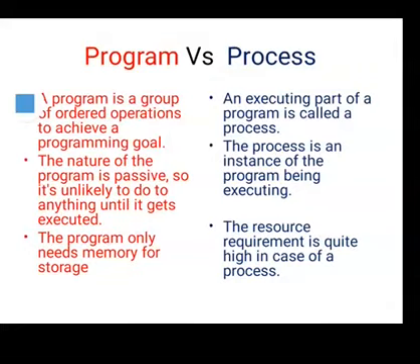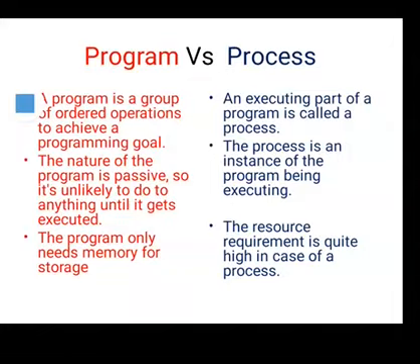In general life, we can also make a program, like a program for making a tour. But when we are going on the tour, that is actually a process, because we are executing it at that time. The resource requirement is quite high in the case of a process, because at runtime a process requires sometimes the CPU, sometimes the printer, sometimes the scanner.